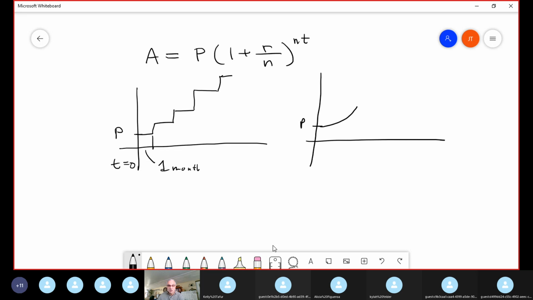So the formula is not like that one, which is discrete, like stairs.